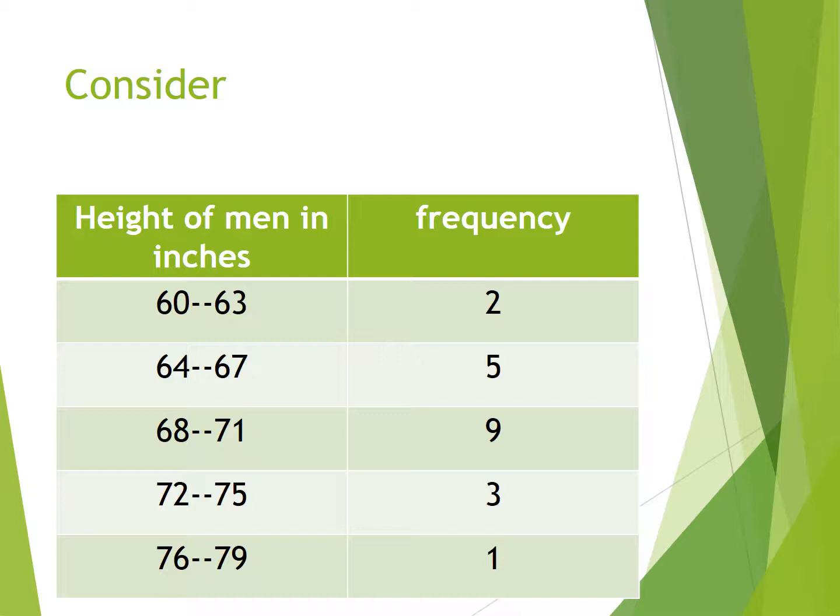So we took our class width, added it to get all of these lower class limits, and then we looked for the number that went right up to 64 but did not overlap it. So that was 63. And then you just counted the frequency of the numbers of men whose heights were between 60 and 63. In this case, there were 2 men whose height was between 60 and 63 inches.